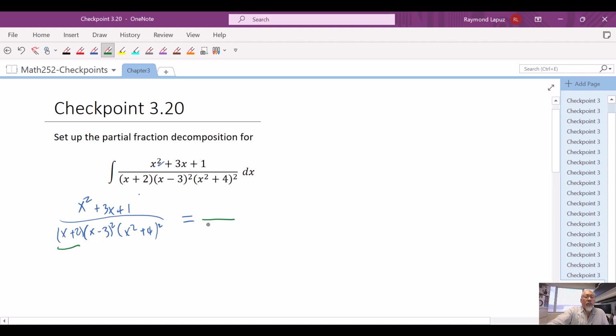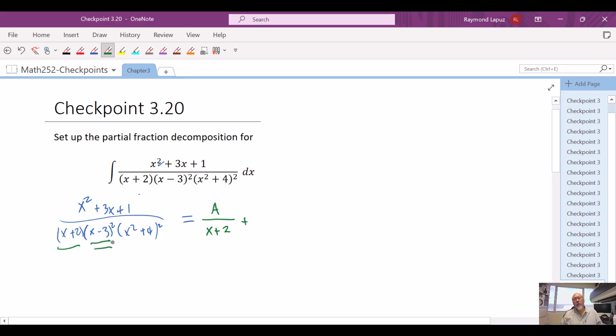So I have a linear term for the first factor, x plus 2, and the algorithm tells us that we're going to want a degree less in the numerator. So if we have a linear term in the denominator, the degree less in the numerator will be a constant. Next, we have a factor that is being squared.